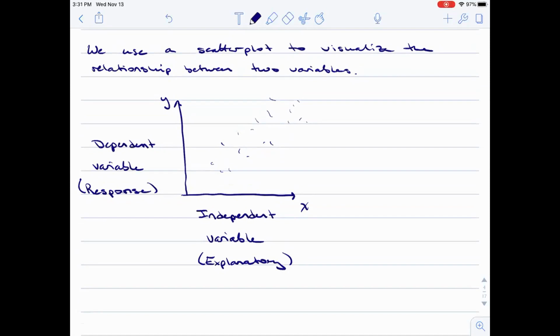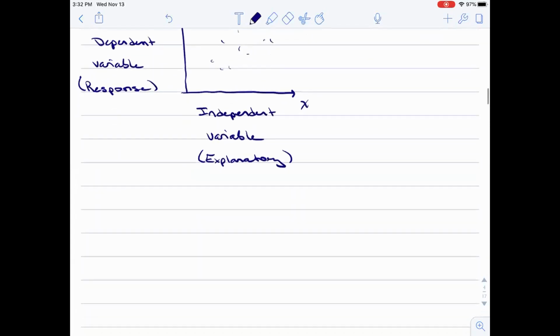How closely related are they, or what's the strength of the relationship? But also the direction. If they're increasing together like this, you have a positive relationship. We could have something moving down, where x is increasing and y is decreasing. Then we've got this opposite relationship, and that would be a negative relationship.